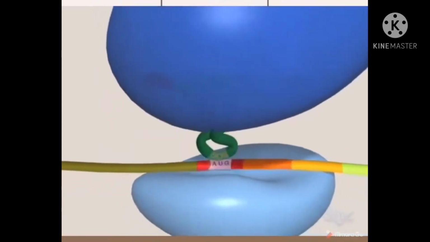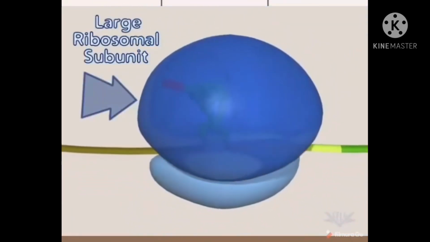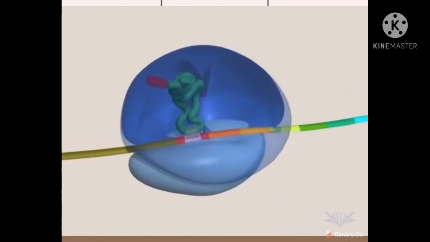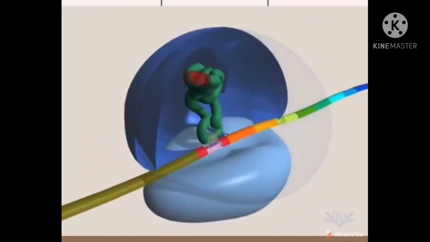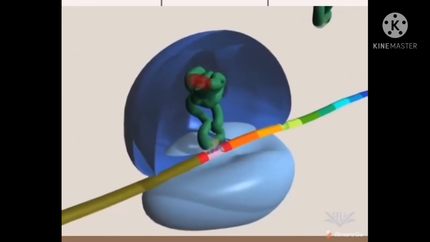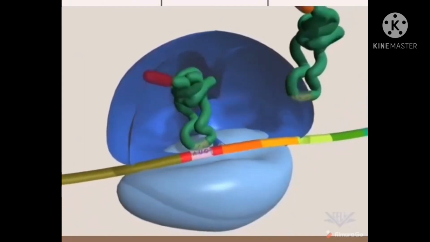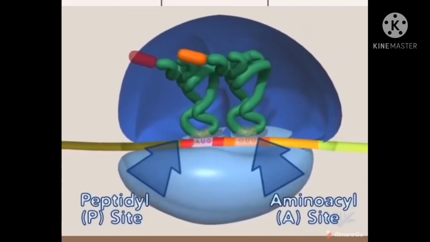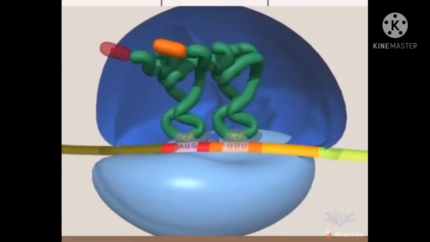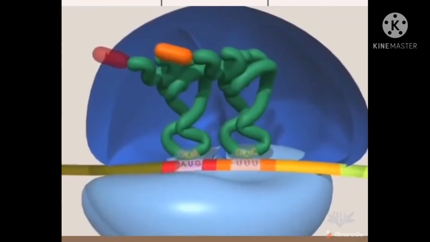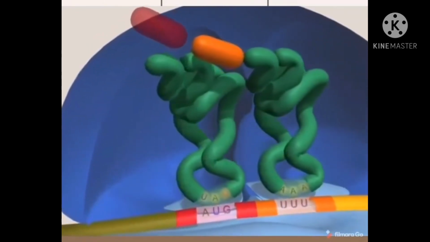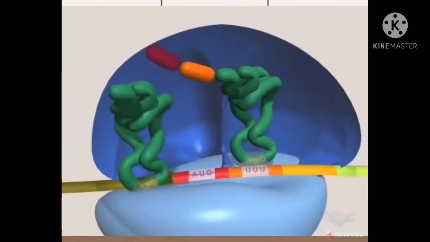Second step, elongation. The ribosome has two tRNA binding sites, the P site, which holds the peptide chain, and the A site, which accepts the tRNA. The ribosome then translocates along the mRNA molecule to the next codon, again using energy yielded from the hydrolysis of GTP.